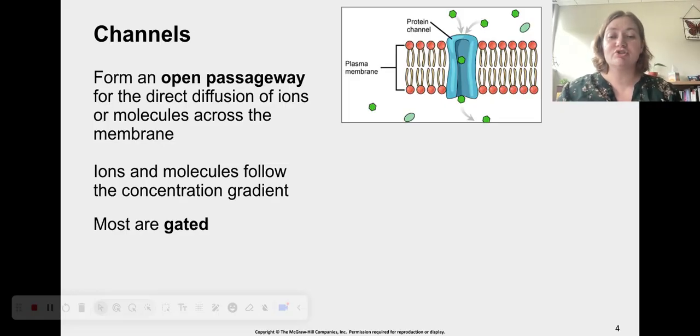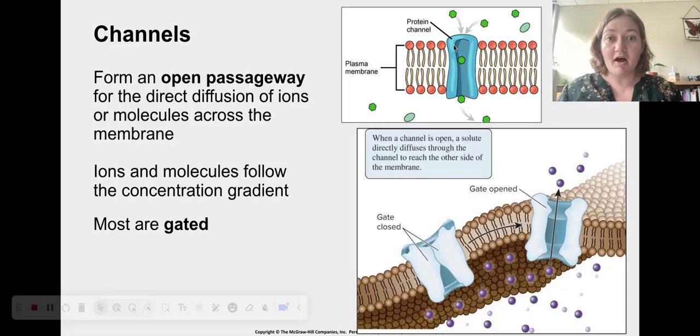Now, some of these are just open passageways like we see in this image up above, but others actually are gated, meaning that they control when the gate is open or closed, right? So when the gate is closed, it prohibits the passageway of these molecules across the membrane, all right? So maybe the interior of the cell doesn't need any more of that type of molecule.